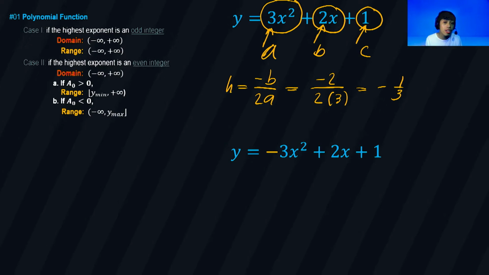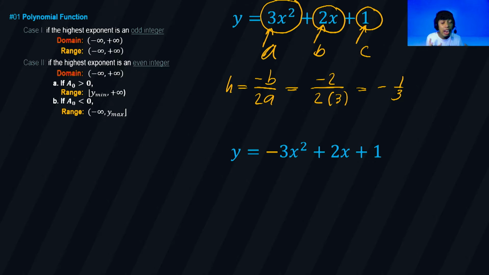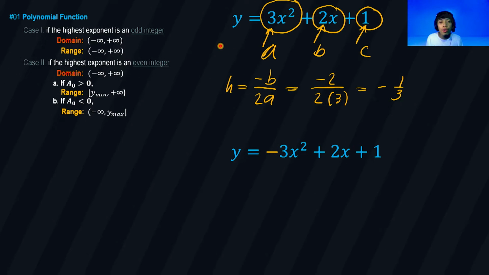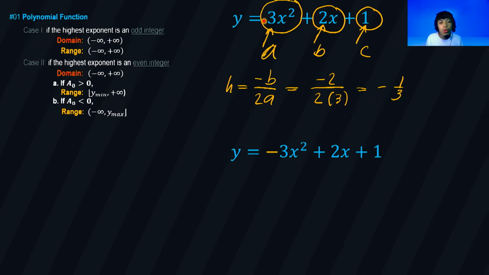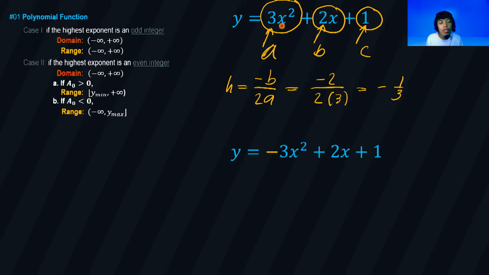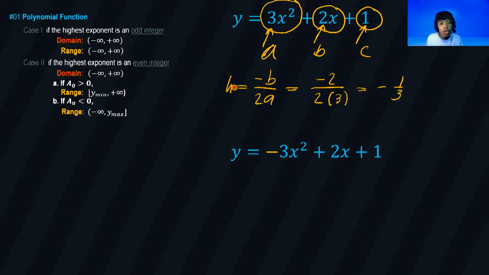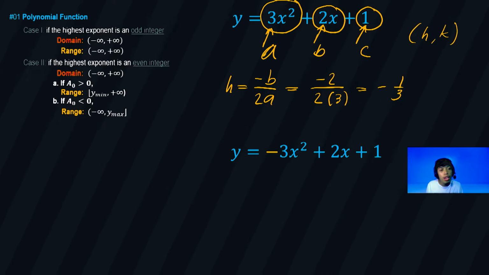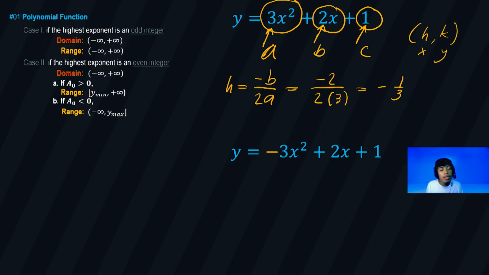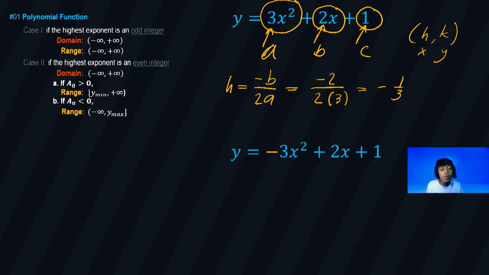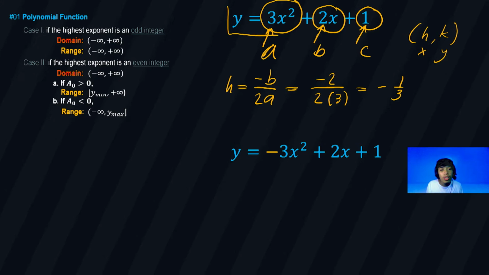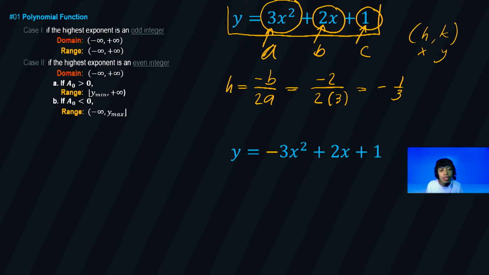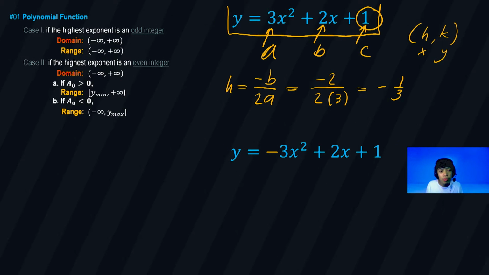Yung kailangan natin is the value of k, which is your value for y min. To solve for k, you just need to use the equation and substitute your h for x. Take note, the vertex is denoted by (h, k), where h is your x and k is your y. So to solve for k, you just need this equation, and you will substitute on the x. Okay, let me erase this.